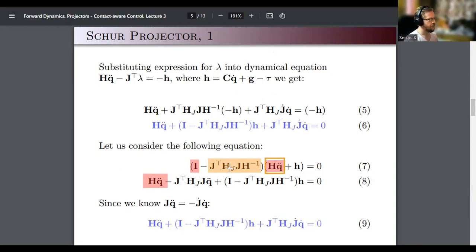What happened is that this and this cancel, like H inverse and H cancel each other. So we have G transpose H sub J, J times Q double dot, because H inverse and H cancel. Probably clear enough.